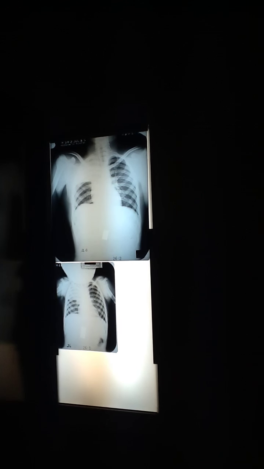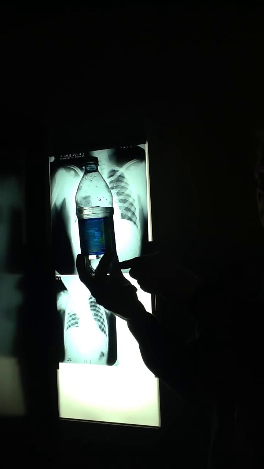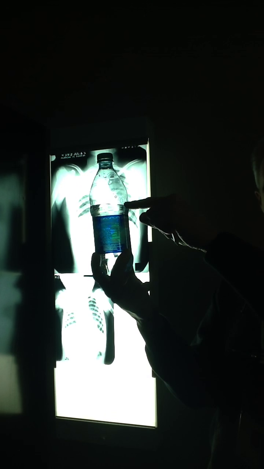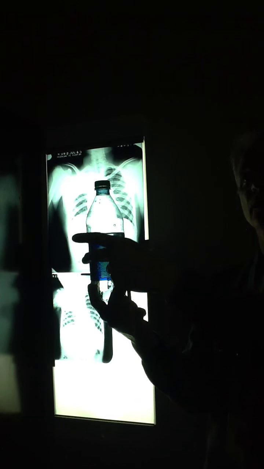involved also, most likely. So, if we use this water bottle as an example, this water bottle is about 2/3 full of water, isn't it? We replaced the air with water, but the physical volume of the water bottle didn't change, did it?